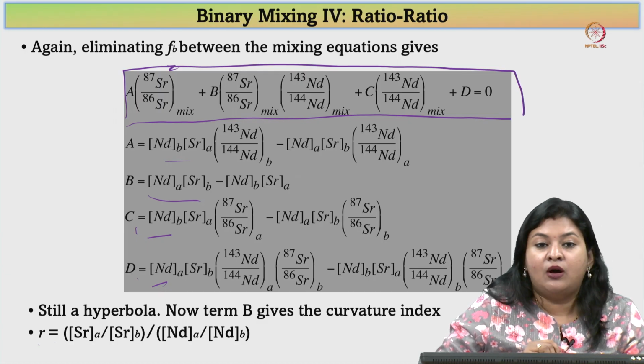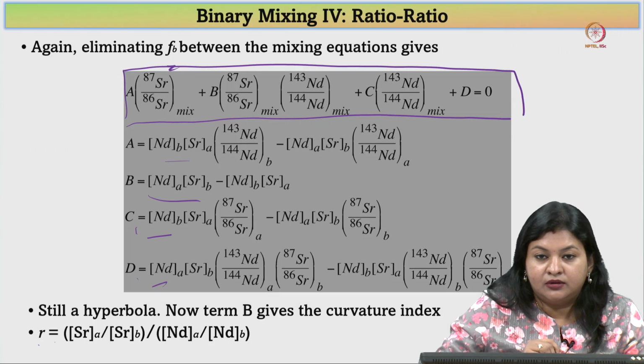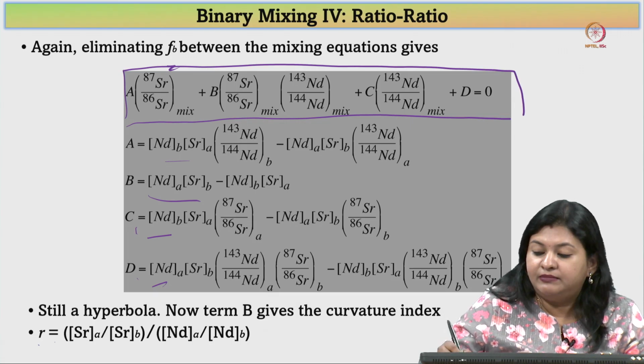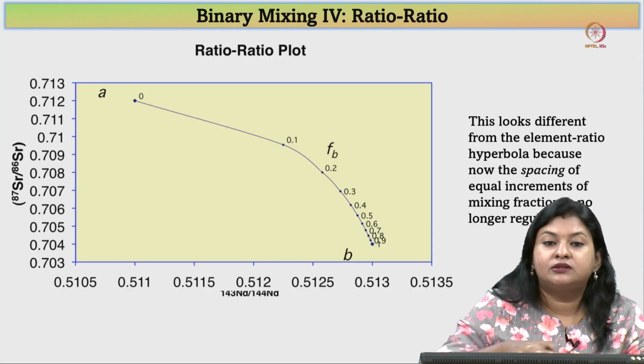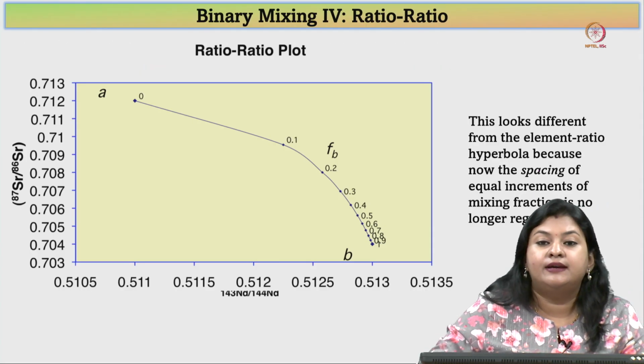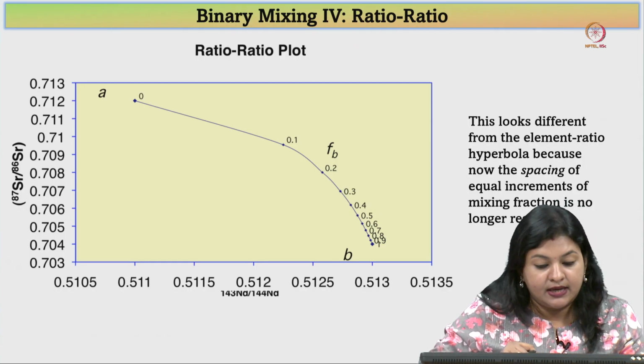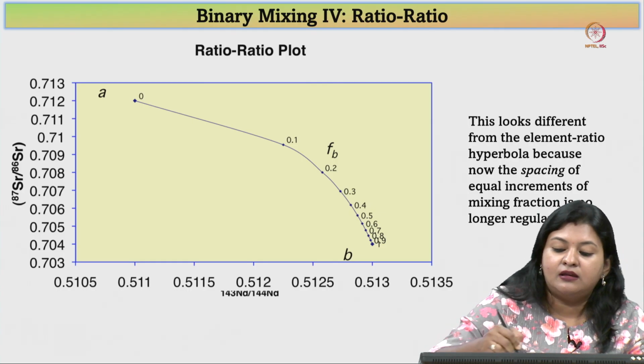So, this is how we are going to solve for the FB term, and we are just simply going to plot both the isotope ratios. As you can see in this space, we have plotted, and this gives us the hyperbola.